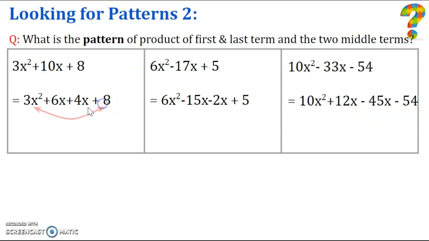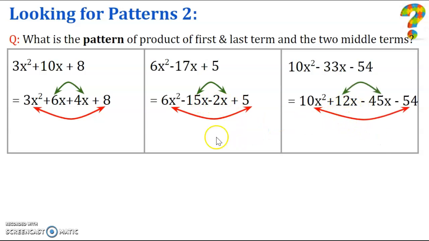Do you notice anything between the 3x squared and 8 and 6x plus 4x? The product of 3x squared and 8, and 6x and 4x. And what about 6x squared and 5, and negative 15x and negative 2x? And then last, those two. Do you notice any patterns?